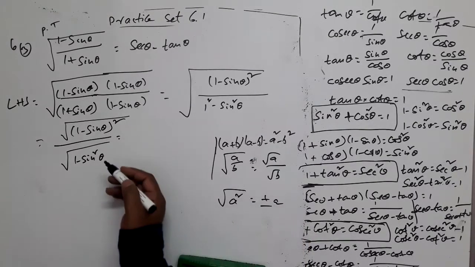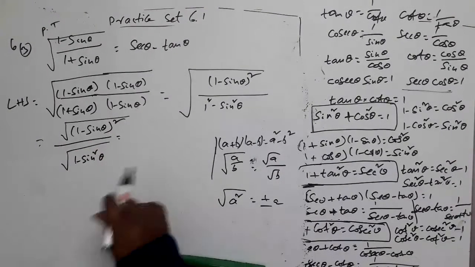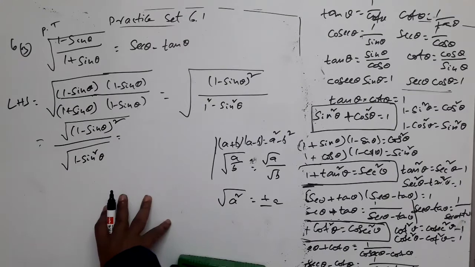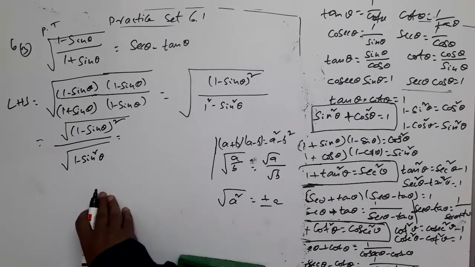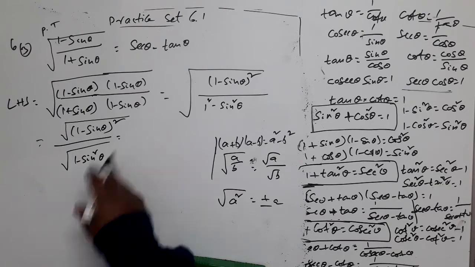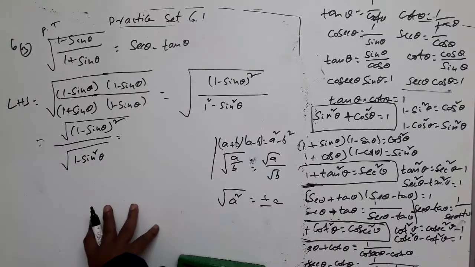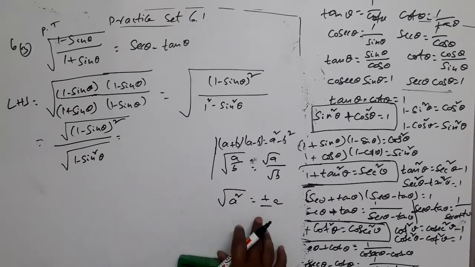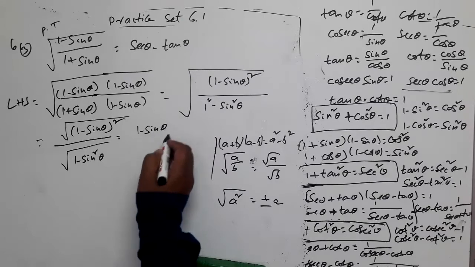But of course, here all the angles theta are considered to be less than 90 degrees only, so all the trigonometric ratios will be positive. So 1 minus sine theta is also positive, so I am taking directly plus of that. That is 1 minus sine theta.